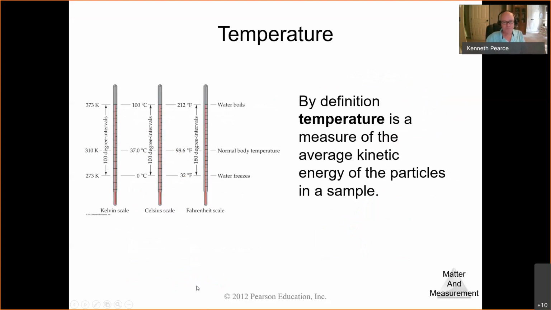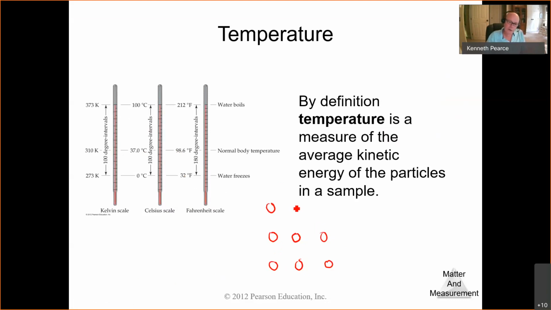Now, temperature is, by definition, how hot and how cold things are, but it's a measure of the average kinetic energy of the particles. What do we mean? Well, if you get down to the atomic level, here are some atoms next to each other in a solid.